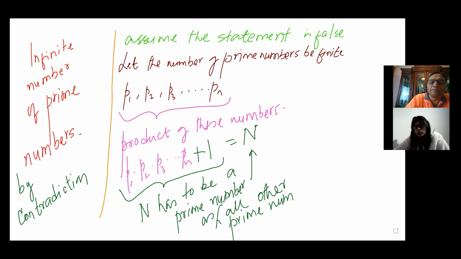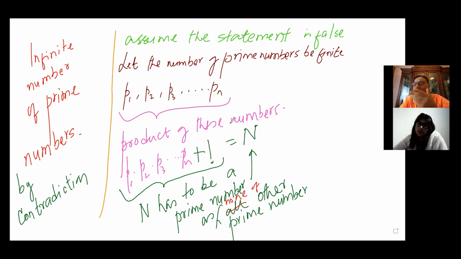You get the idea? But what happens if P1 times P2 and so on equals some product, and then plus 1? So see, if I divide n by P1, it is not divisible, since adding 1 means n minus 1. There is one remainder.